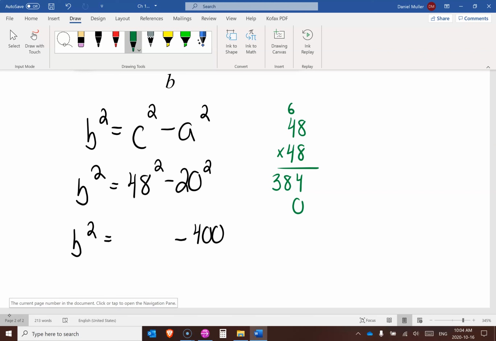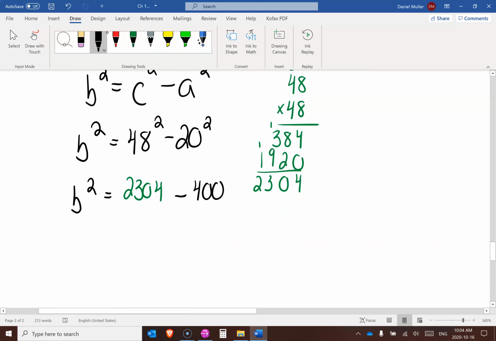And then do the same thing again. 8 times 4, 32. 16, 19. 4, carry. 2304? Okay, 2304.